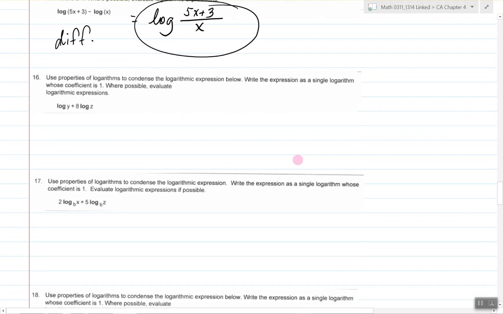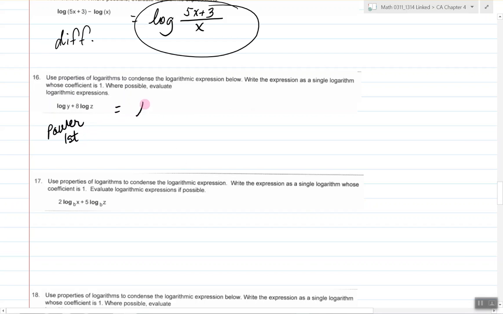Number 16, this appears to have two things. I see a sum, but I also see this coefficient 8, which is going to be a power. We're going to take care of the power first. When we expand, we take care of the power last, but when we condense, we take care of it first.